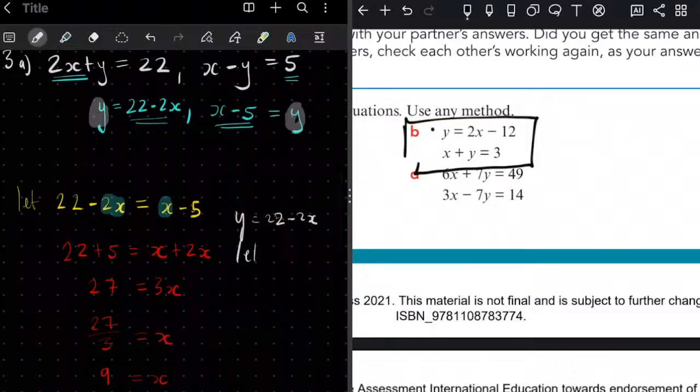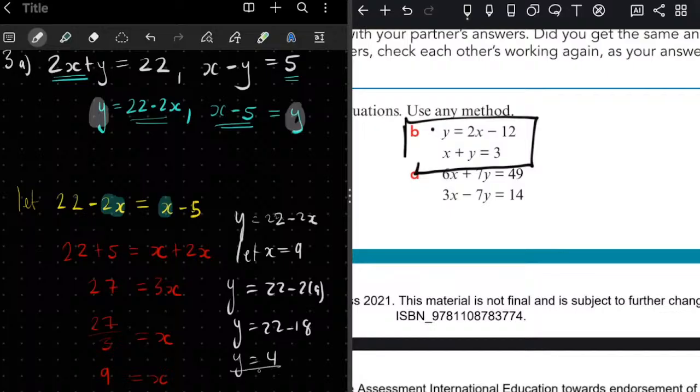You now say let x be equal to 9. Y will be equal to 22 minus 2 by 9. Y will be equal to 22 minus 18. Y is equal to 4. Any questions?